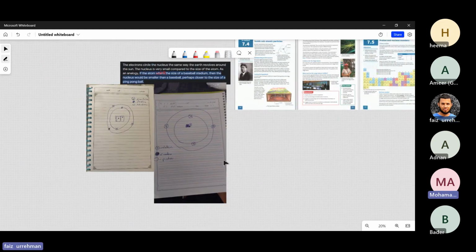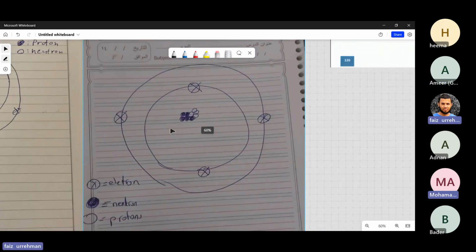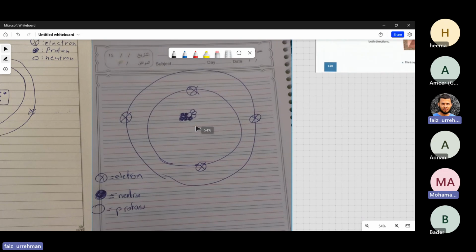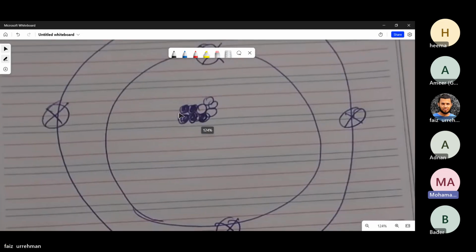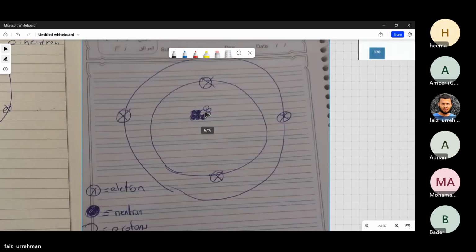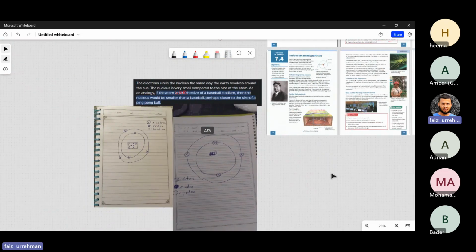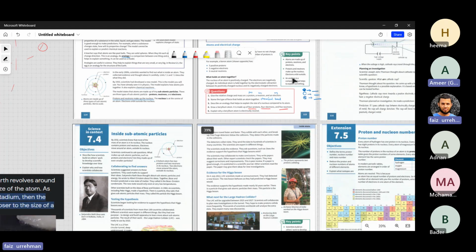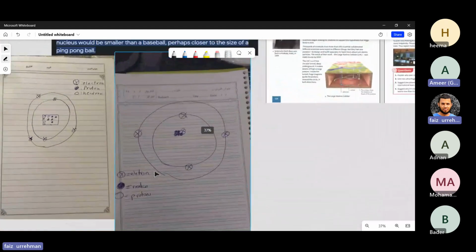Now let's go to Muhammad Ali's drawing. He has drawn the worst circle ever. 1, 2, 3, 4, 5. Are there 5 neutrons? How many neutrons are there in beryllium? Neutrons five, and 4 positive, 4 negative.